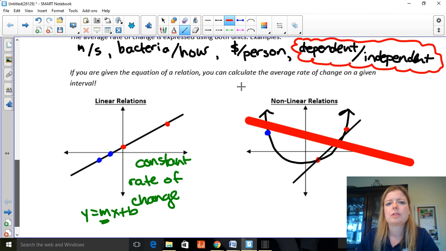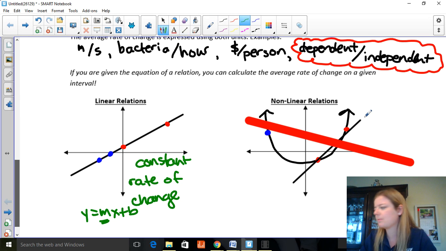Okay, so notice that over here, this secant has a positive slope. It's going to be a positive rate of change, and it's quite steep, so it will have a higher value.